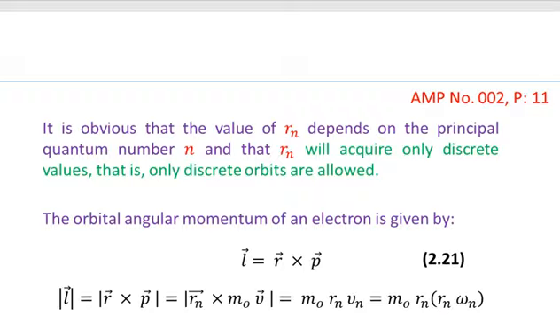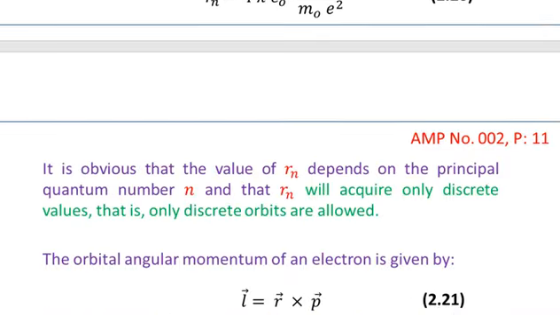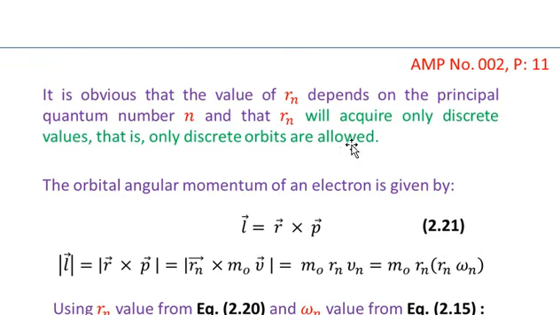So you see that equation number 20, that is the expression of the discrete values of the radius of the electron orbit, has been obtained using Bohr's atomic model. It is obvious that the value of Rn depends on the principal quantum number n, and that Rn will acquire only discrete values. That is, only discrete orbits are allowed.